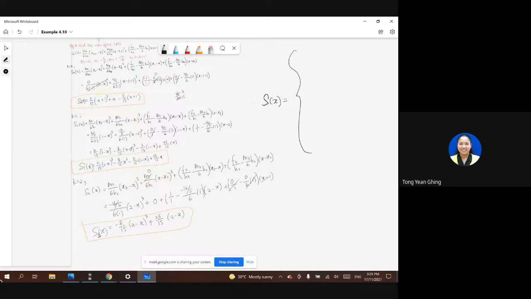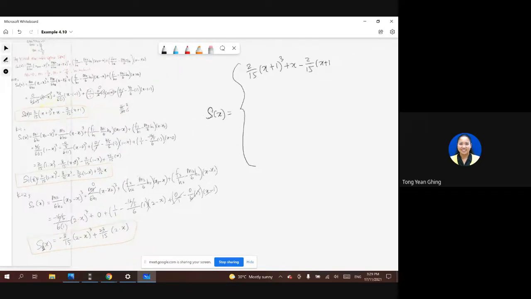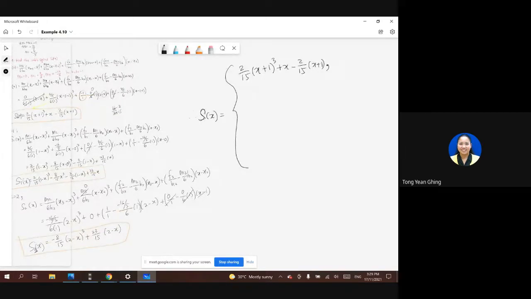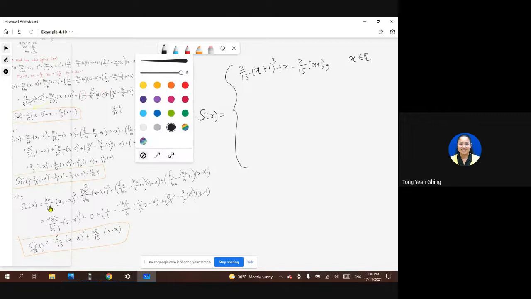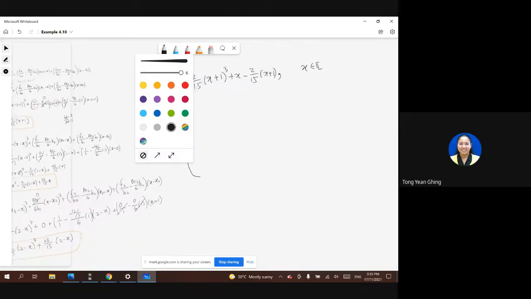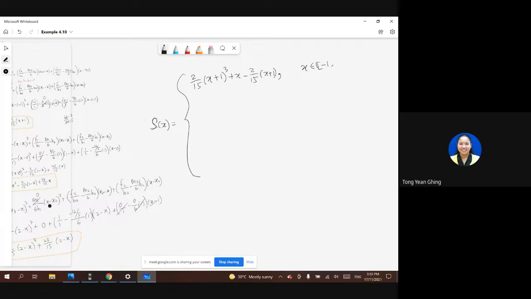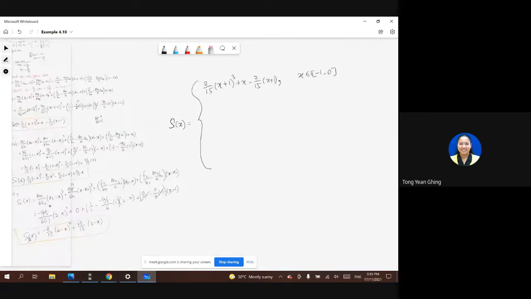The first one is 2 over 15 (x plus 1) to the power of 3 plus (x minus 2 over 15)(x plus 1). This one is for x from -1 until 0.